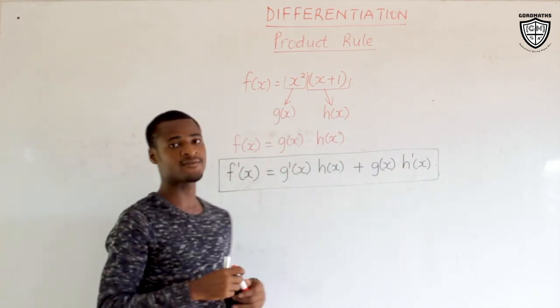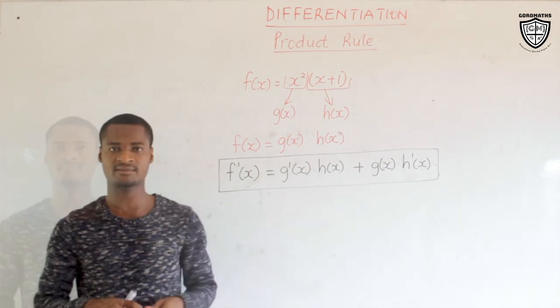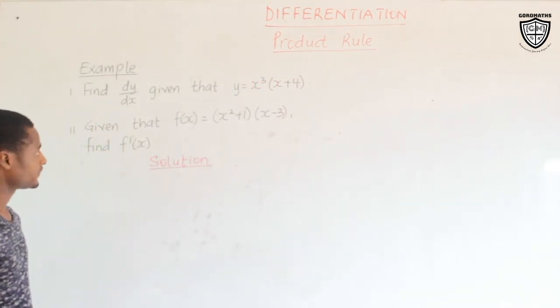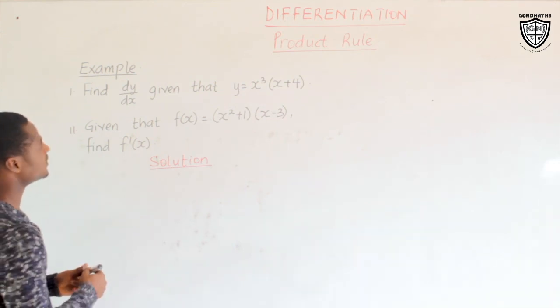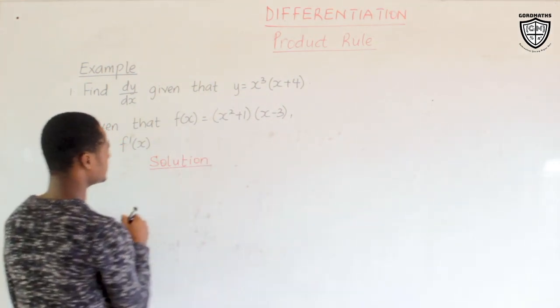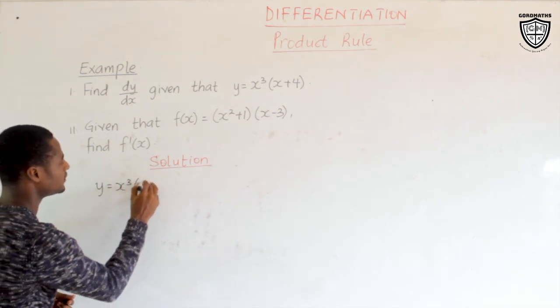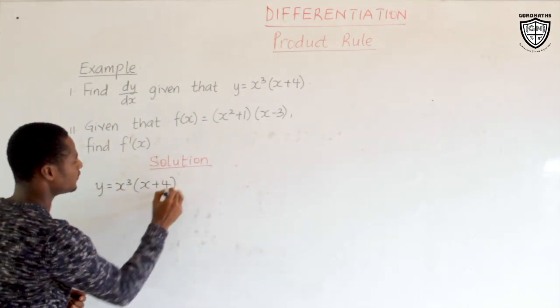We will consider a few examples on this. Let's check the following examples. In the first question, we have the function y is equal to x cubed times x plus 4.